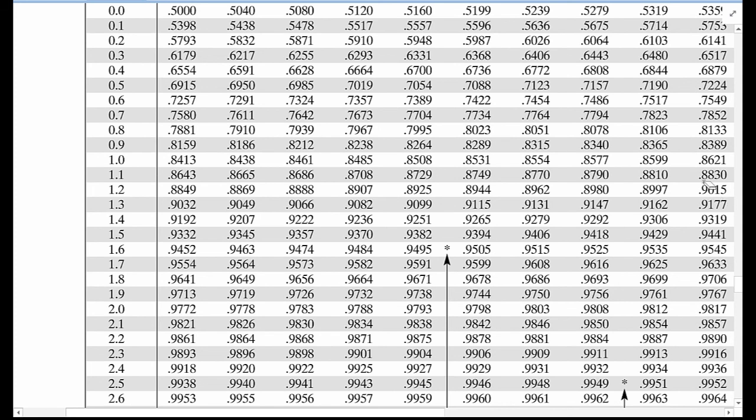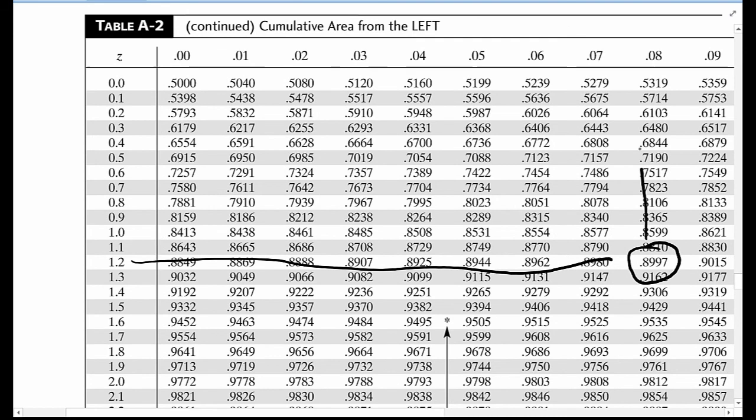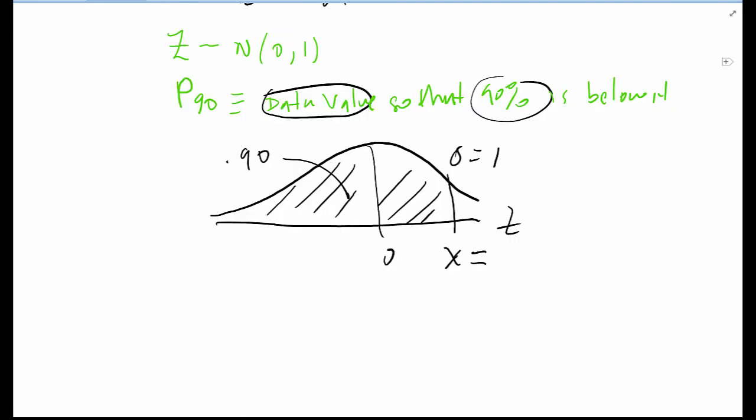We have 90.51 right here, 89.97, which one is closer? It seems like this one is closer. We need to get to the closest that we can to 0.9, and we get the value 1.28. All right, so the answer is 1.28.